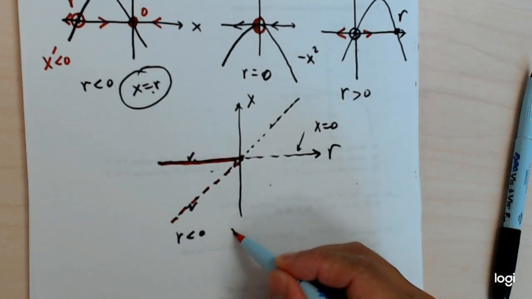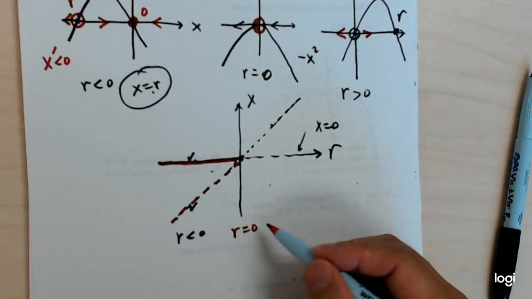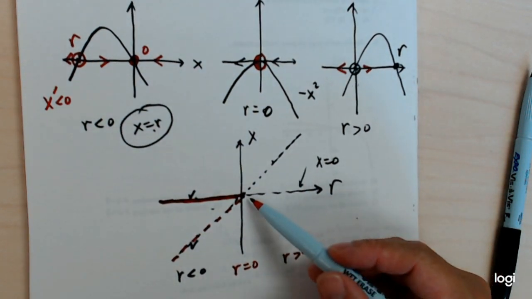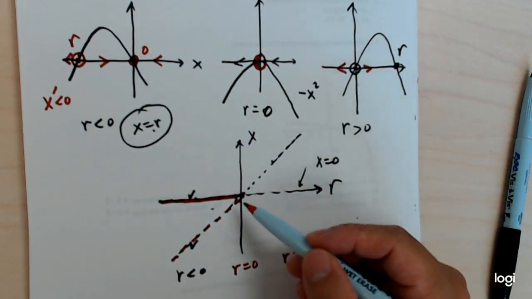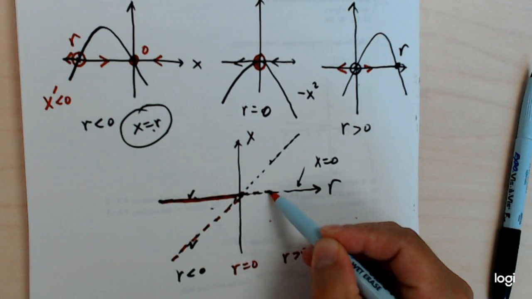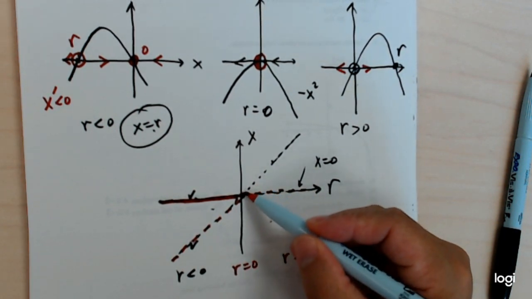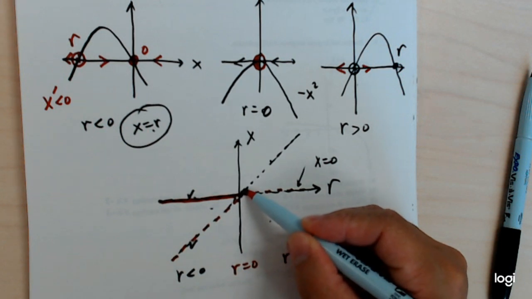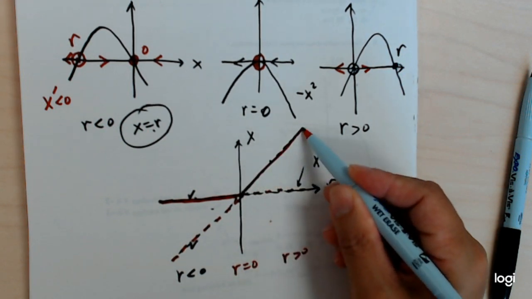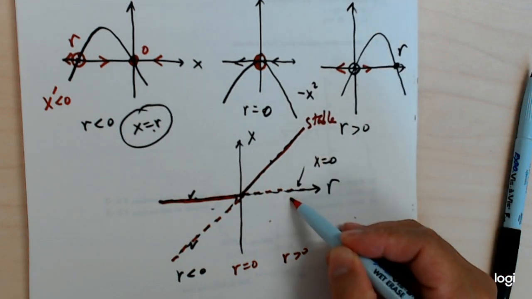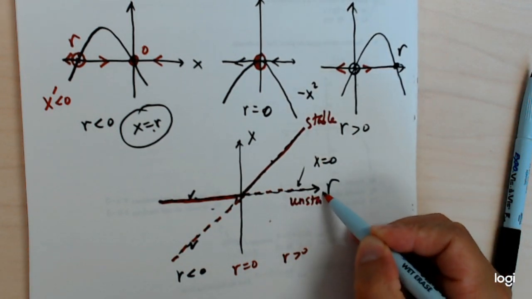When r crosses this threshold to become positive, x equal to 0 becomes unstable. See, this one is a dotted line. x equal to r, however, becomes stable.